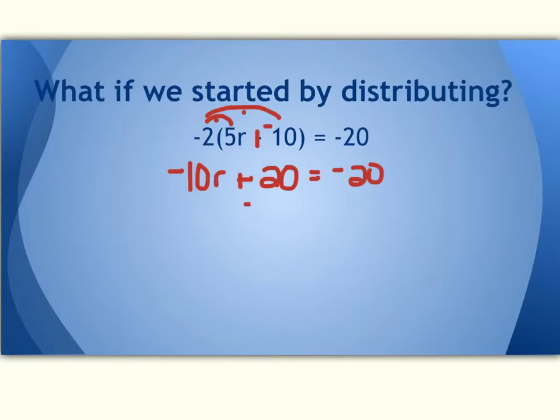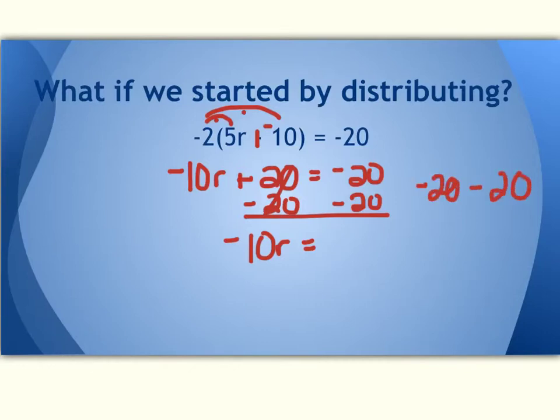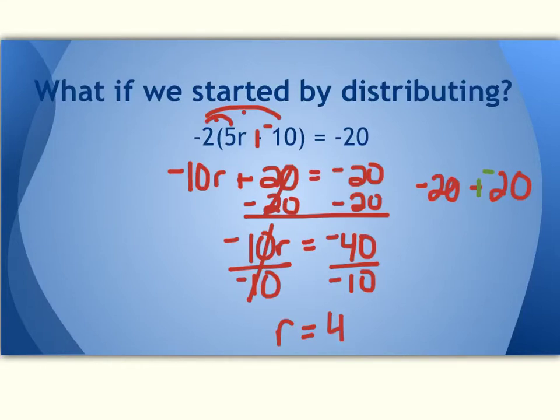I'm going to subtract 20. Negative 10r equals, and remember that this is negative 20 minus 20. So if I did add the opposite there, it'd be negative 20 plus negative 20, which is negative 40. And then negative 10 divided by negative 10, r equals 4. Same answer. Maybe a little bit bigger numbers, but still gets you the same answer.